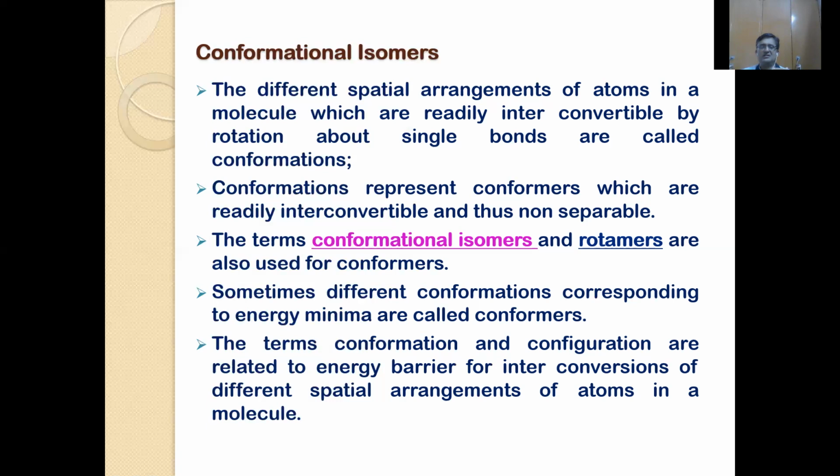So minimum energy is more stable, higher energy is less stable. On the basis of that, the one which gives more conformation, a particular arrangement, is by different spatial arrangements of atoms in the molecule.